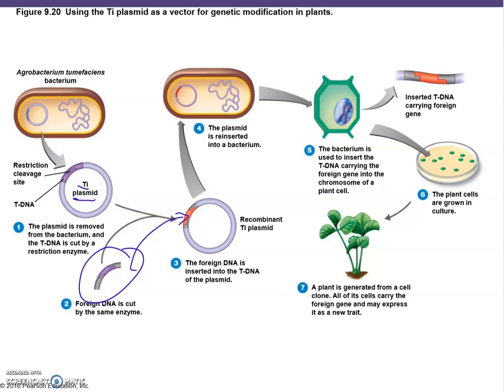Then you put the plasmid back into the bacterium, Agrobacterium tumefaciens, and then you let that bacterium loose on the plant, and now the DNA that was on the plasmid is being inserted into the DNA of the plant, and you have a genetically modified plant that is growing. This was previously, what was it, a strawberry plant?